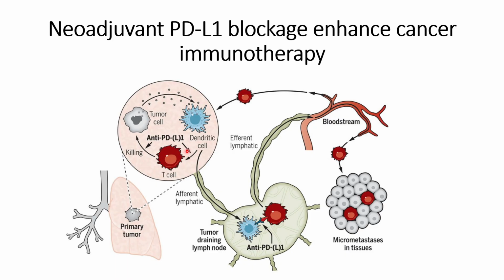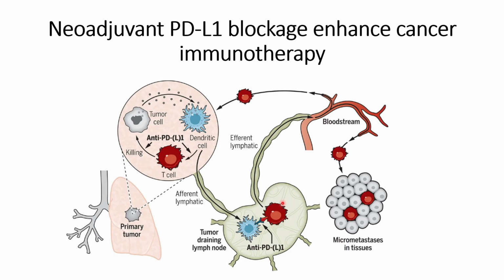What this figure suggests is that some of these dendritic cells will be able to move into the tumor draining lymph node through the afferent lymphatic, and since the dendritic cells already have the information about the tumors, they can activate the naive T cells present in the tumor draining lymph node, thereby activating additional T cells outside the primary tumor site.